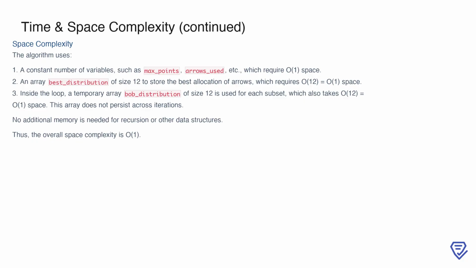For each subset during the iteration, a temporary array, bob_distribution, is used to track the current allocation of arrows. However, since this array is recreated for each subset and does not persist outside the loop, it also contributes O(12) or O(1) space. Importantly, the algorithm does not rely on any recursive calls or additional data structures that would increase memory consumption. As a result, the overall space complexity remains constant at O(1).